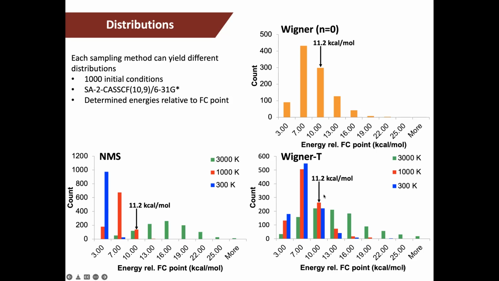So with the thermal Wigner, you lose vibrational information about what state you're actually in. If you want to simulate specific quanta in specific modes, you have to use normal mode sampling, I think.